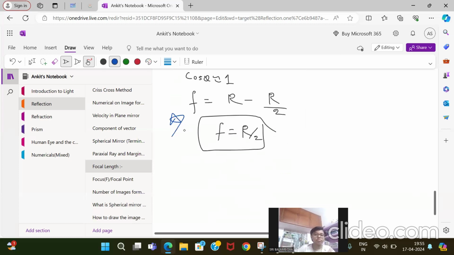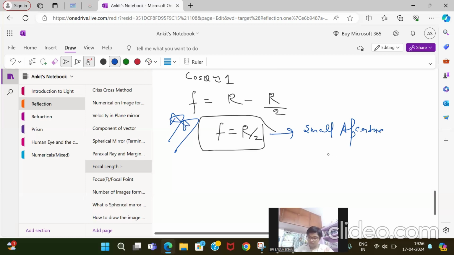Yes, sir. This is the formula most teachers teach. This formula is valid for small aperture, and if there is small aperture, there will be paraxial rays.